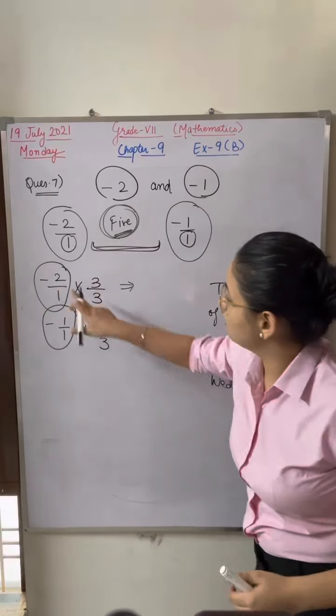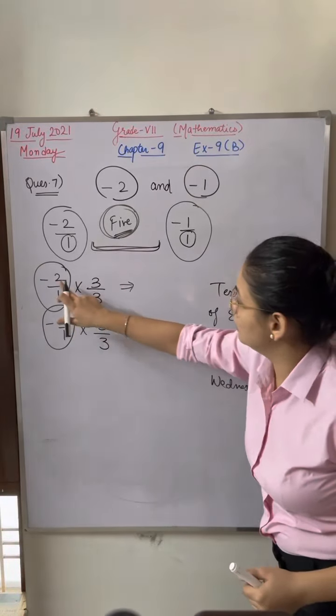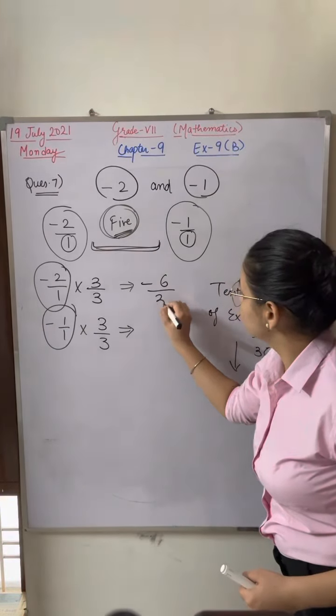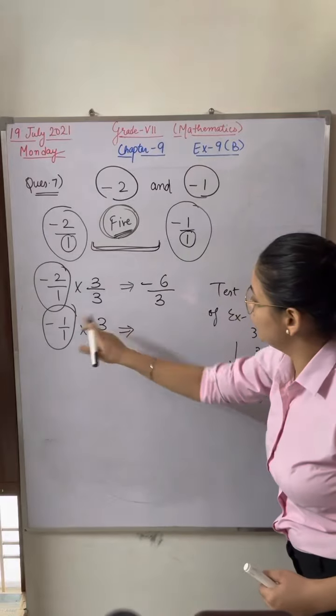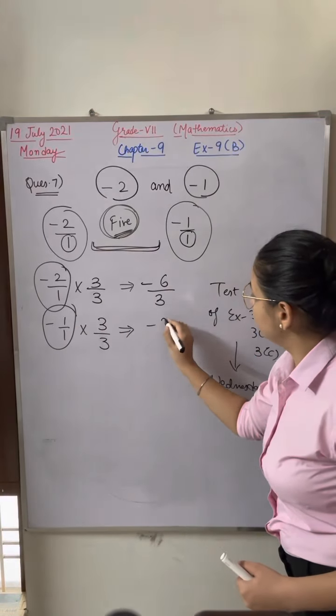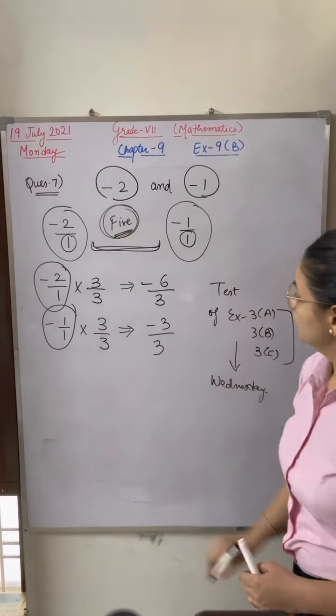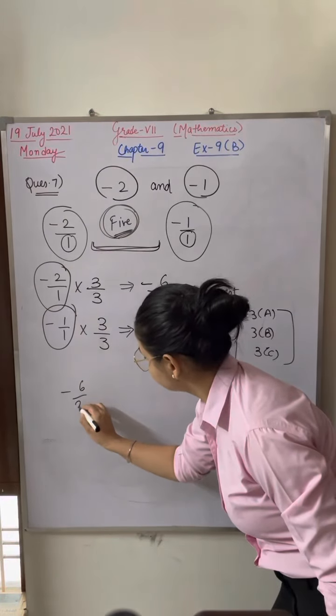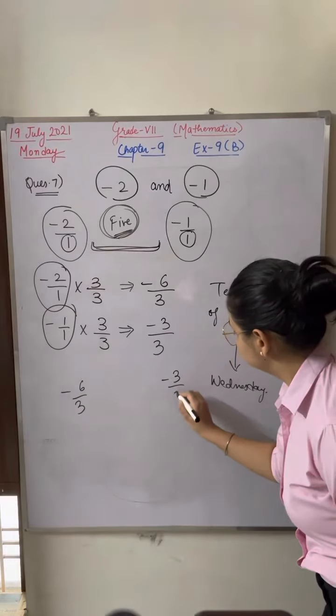When I multiply -2 by 1 with 3 by 3, 2 threes are 6, so it will be -6 upon 3, and -1 into 3 is -3 upon 3.